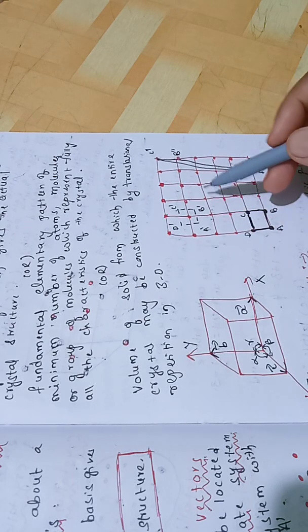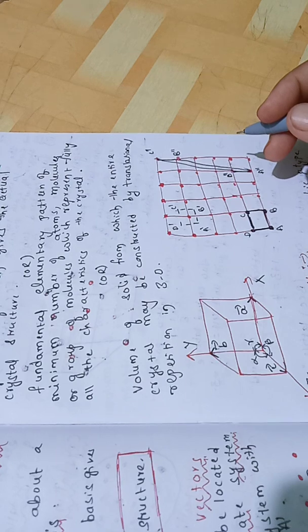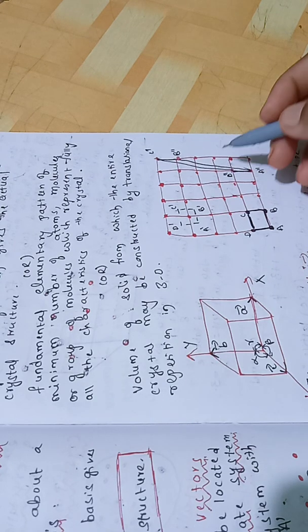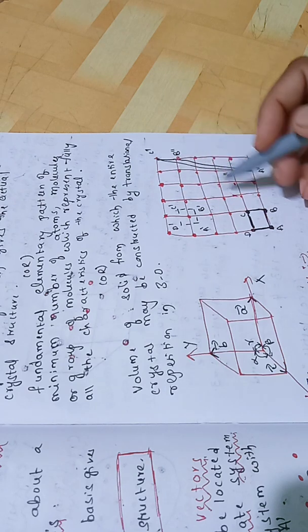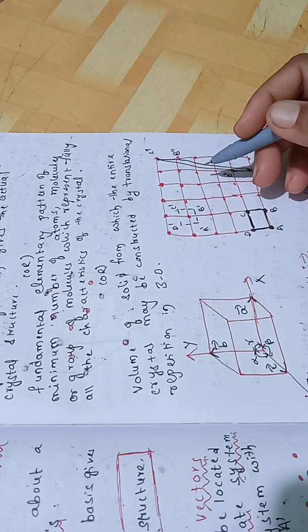Here you see, these are lattice points. We are considering a two-dimensional crystal in which the atoms are arranged, which we call a lattice.